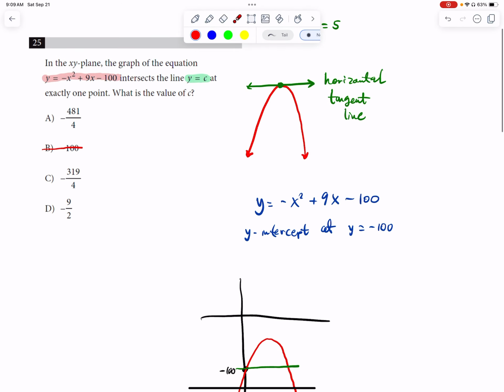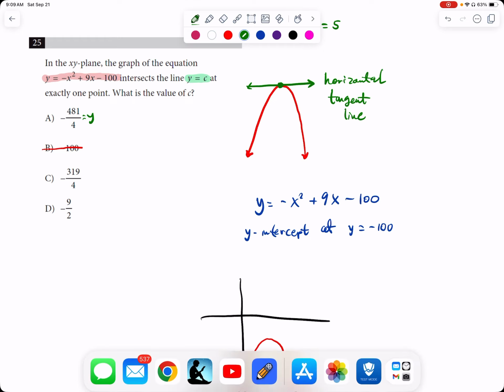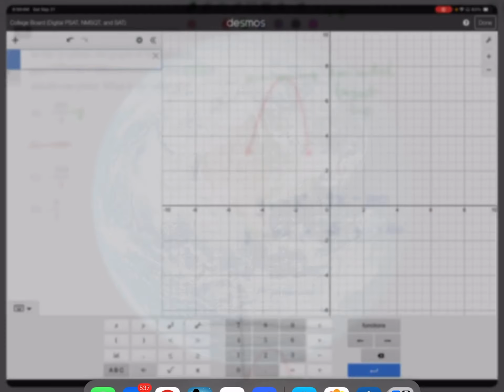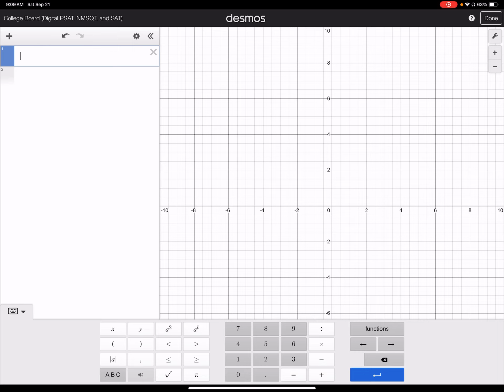So what I'm going to do is I'm just going to type this equation in. And then I'm going to type each one of these as y is equal to each one of those numbers, and just check to see which one of those hits my equation at exactly 1 point. All right, so first up, of course, is the original quadratic equation, which is y is equal to a negative x squared.